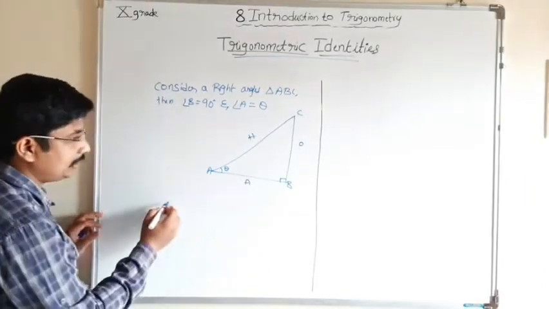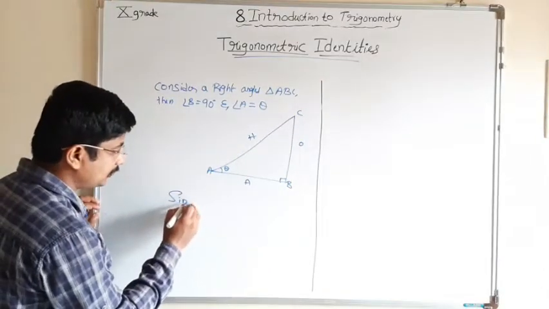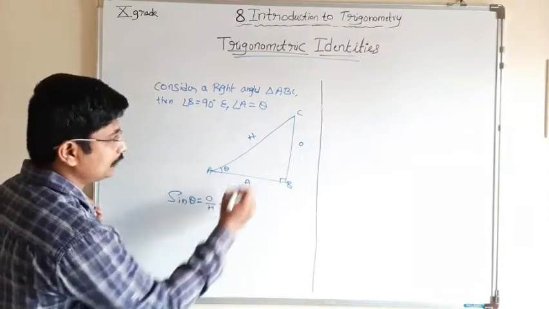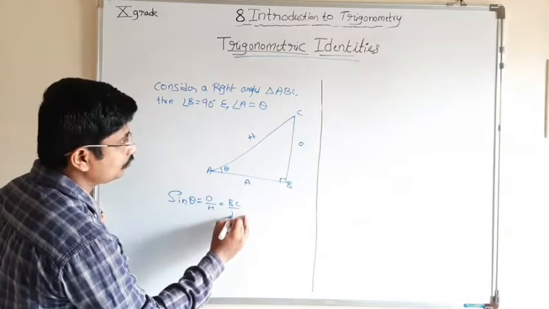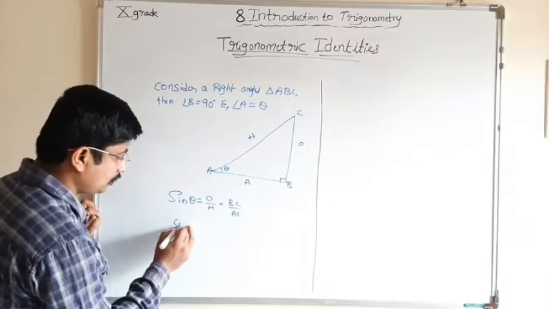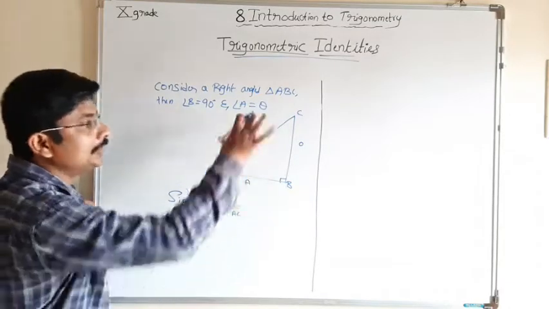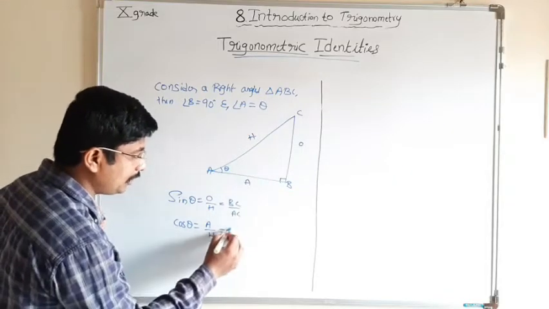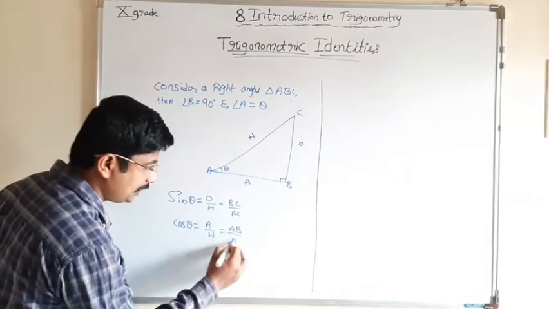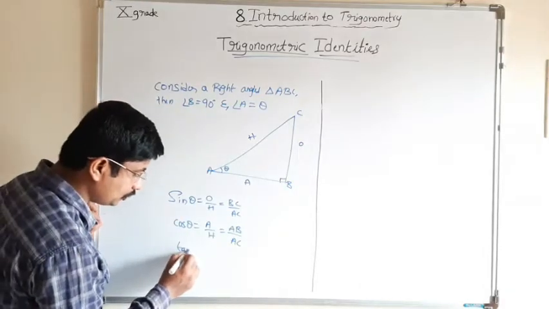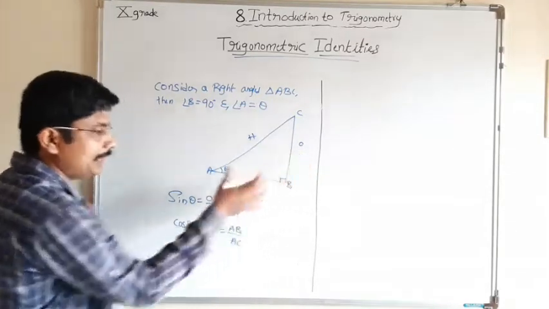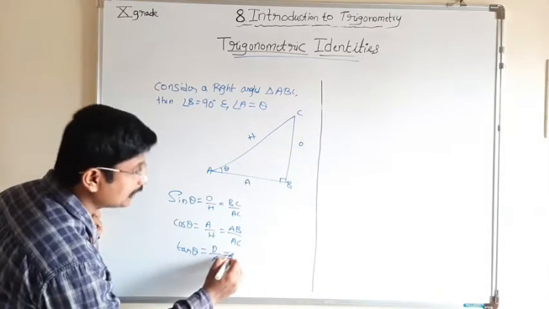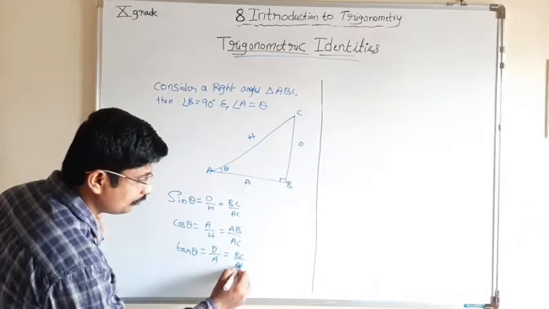Yes, write the trigonometric ratios. Sin theta is equal to opposite side divided by hypotenuse, that is BC divided by AC. Cos theta is equal to adjacent side divided by hypotenuse, that is AB divided by AC. And tan theta is equal to opposite side divided by adjacent side, that is BC divided by AB.